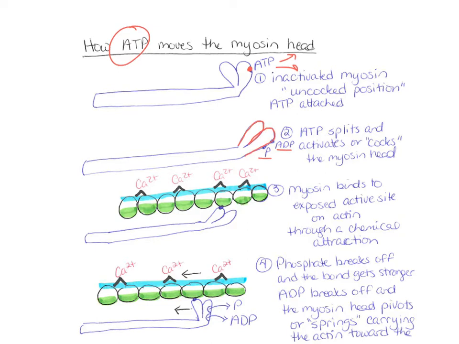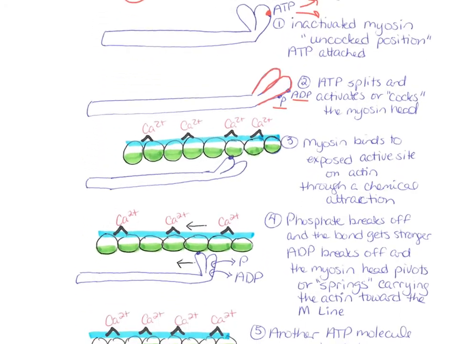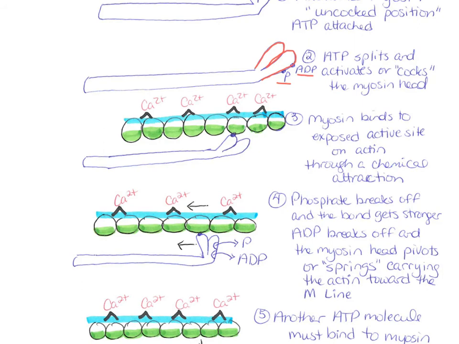So now it's like a spring that's just ready to be sprung, okay? So ATP is now split into ADP and phosphate, and the myosin head is not sprung, but it's cocked.